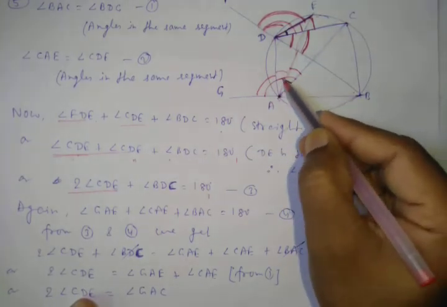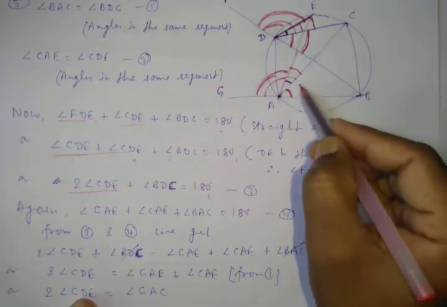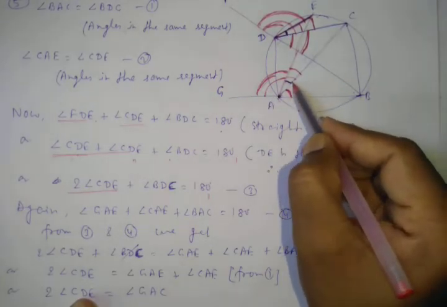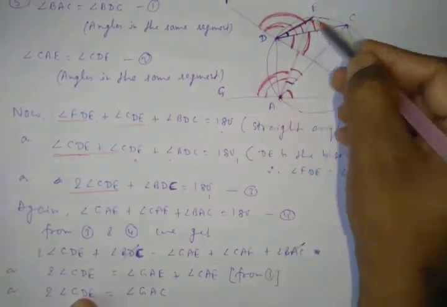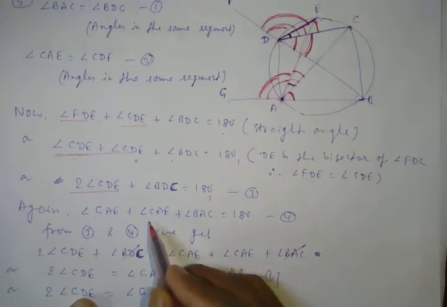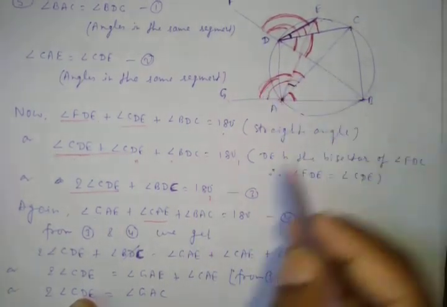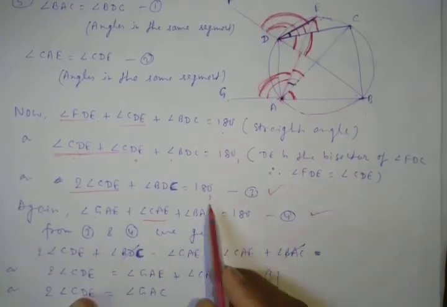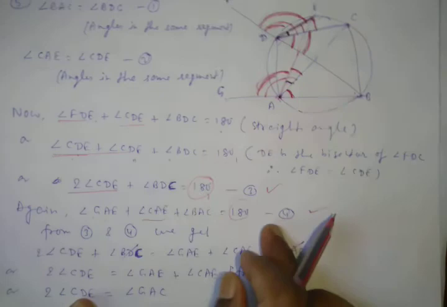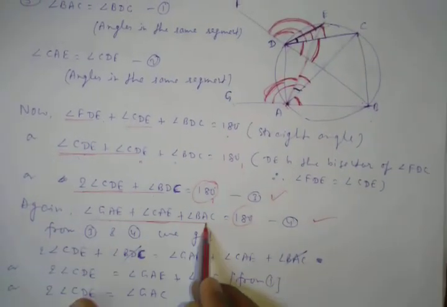This angle plus this angle plus this angle, that is GAE plus CAE plus BAC, is equal to 180 here. And from 3 and 4, because these two sides are 180 and 180, they are equal, so we can write that this equals this.